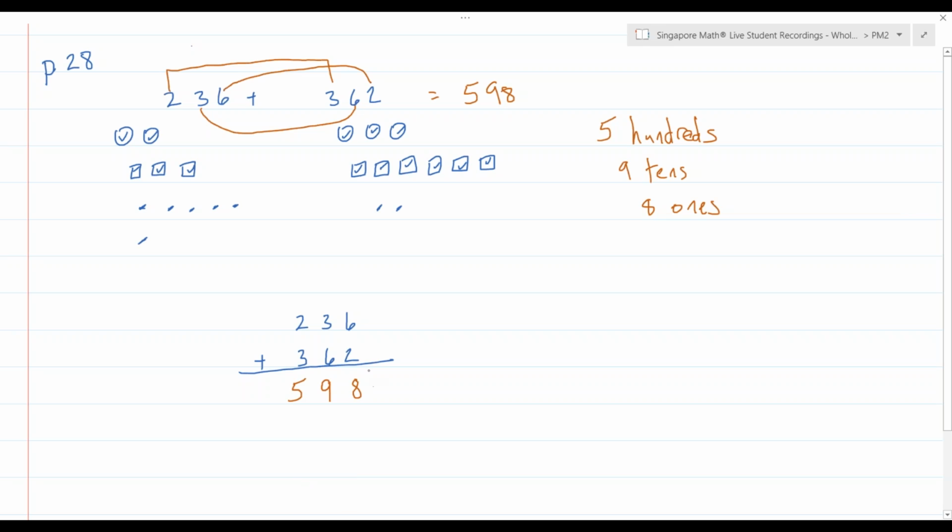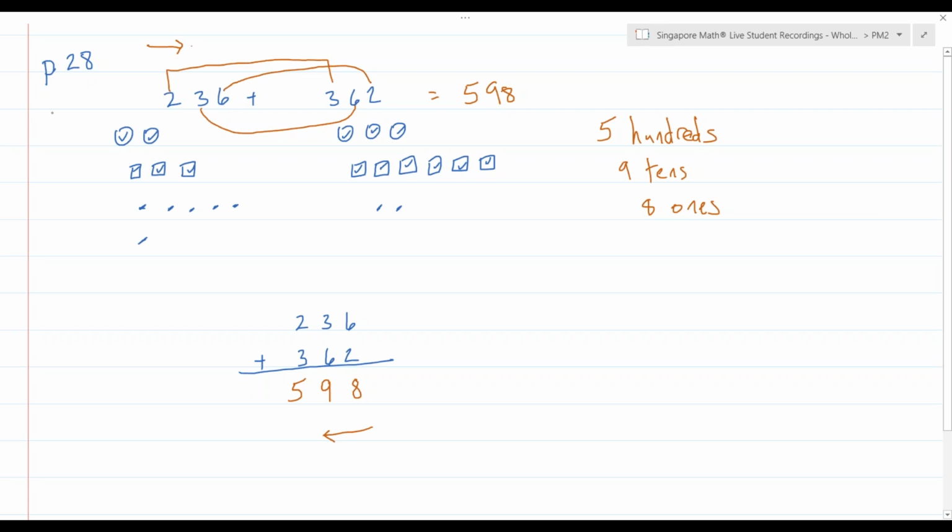When we do math vertically, we often start on the right side and move to the left side. When we do math side to side in the horizontal, I like to think of it as hundreds place, then the tens place, then the ones place. It's good to be able to do both.